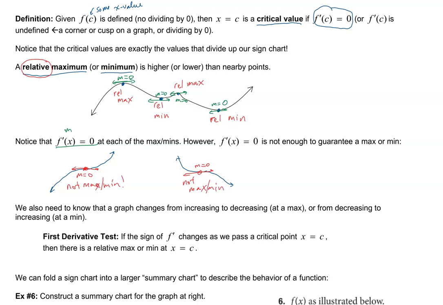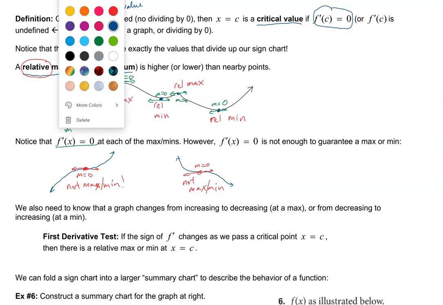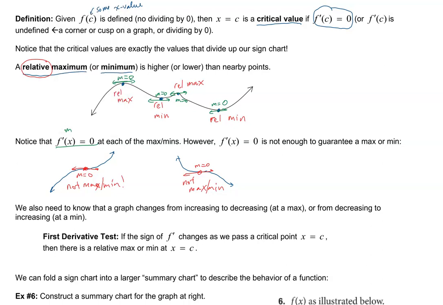All right, so what does it take then to make sure we have a max or min? We're still going to look for these critical values where the derivative is equal to 0. That's still useful. But we also need to know that a graph changes from increasing to decreasing at a max, or from decreasing to increasing to get ourselves a min.